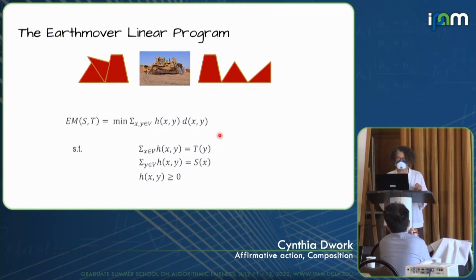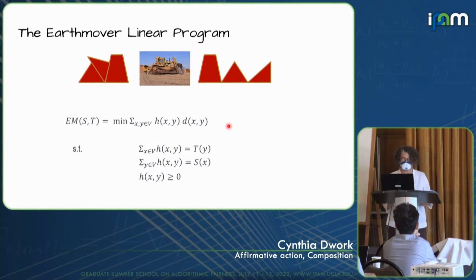And so I want to minimize my total hauling costs, hauling times distance, so that, starting here, the stuff that's coming out of S, if I look at X, which is in S, and I have a certain amount there, and I'm moving this now to various people in Y, the total amount that I can be moving is just S of X. So I sum over all the Y's of how much I'm moving from X to Y, that's just S of X. And similarly, the stuff coming in to Y, I'm summing over everybody how much I'm hauling from X into Y, that has to be at most T of Y.